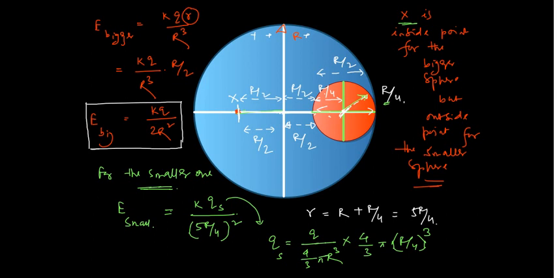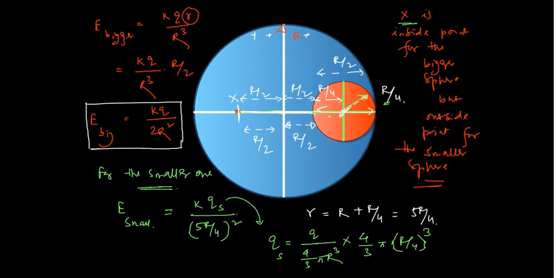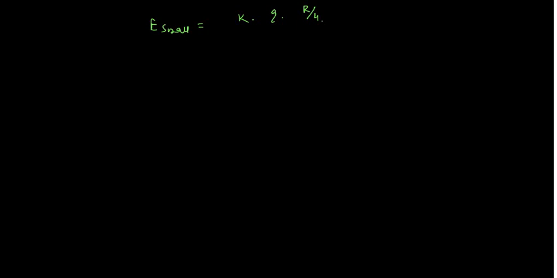Then at the end, we will write E small is equal to K into Q small; I will just quickly note down the factor. This is coming to be 64, so Q by 64 will come. So E small is K into Q by 64 divided by 5R by 4 whole square.